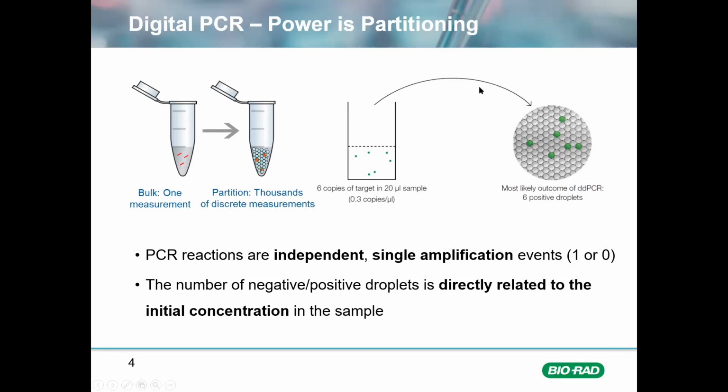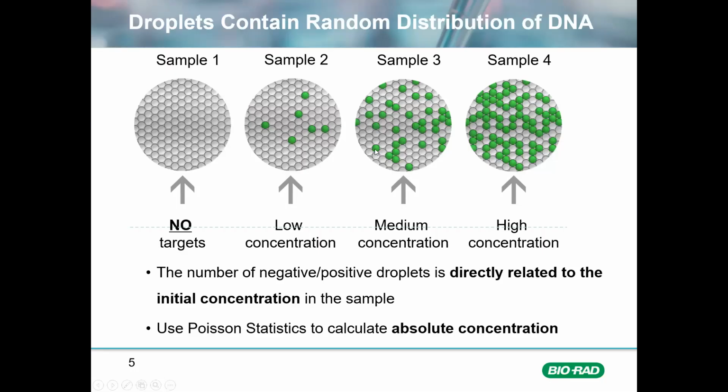Now, the number of positive and negative droplets is going to be directly proportional to the initial starting concentration of the sample. So if we were to go from a sample that has 0 molecules of our target DNA, we are going to get 0 positive droplets.